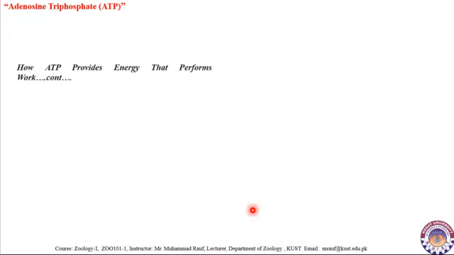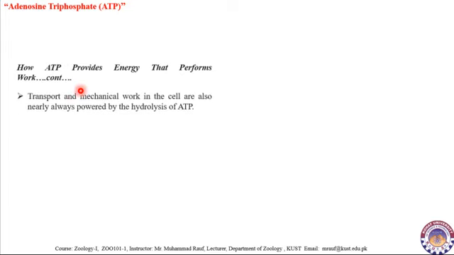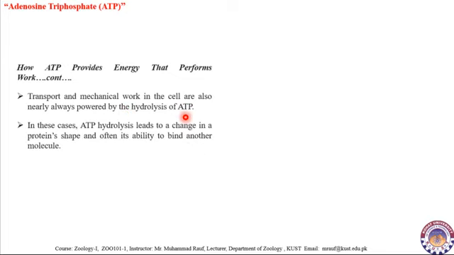Now, how ATP drives energy that performs work. So we continue with our previous heading. Transport and mechanical work in the cell are also nearly always powered by the hydrolysis of ATP. In these cases, ATP hydrolysis leads to a change in a protein's shape and often its ability to bind another molecule.